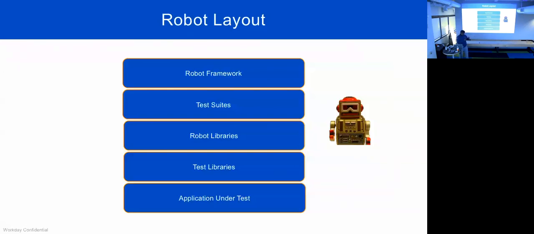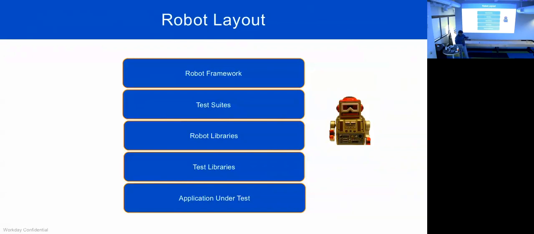You only write the logic to pass the test case or not, because in future you could change your product feature. The functionality doesn't change, but the logic changes. So you change the logic in the test library, but you don't change the Robot library. That makes your code very maintainable and reusable. That's a big powerful feature here.